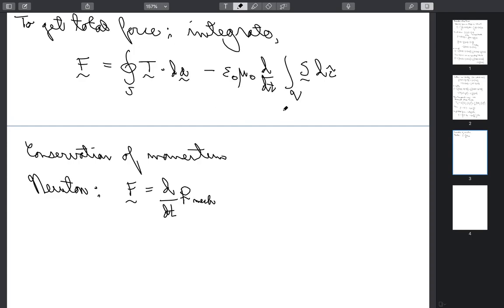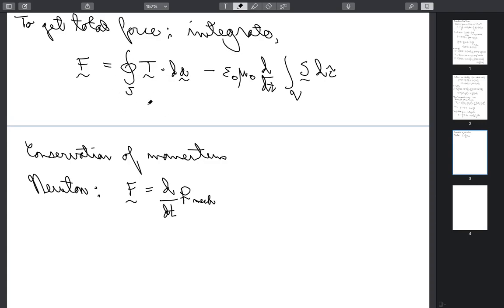The first term here is the momentum per unit time which flows through the surface of my system.